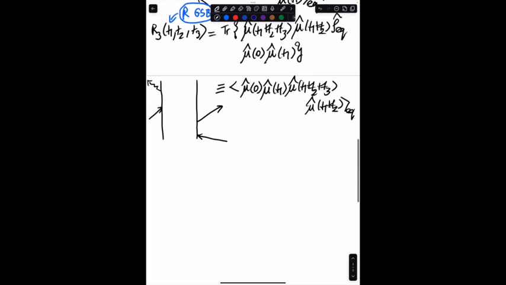And finally, you have R4, which takes on the following structure, where all the four interactions are with the ket side of the equilibrium density operator. So something like this, right? Where the emission of the signal field is given by this squiggly arrow.